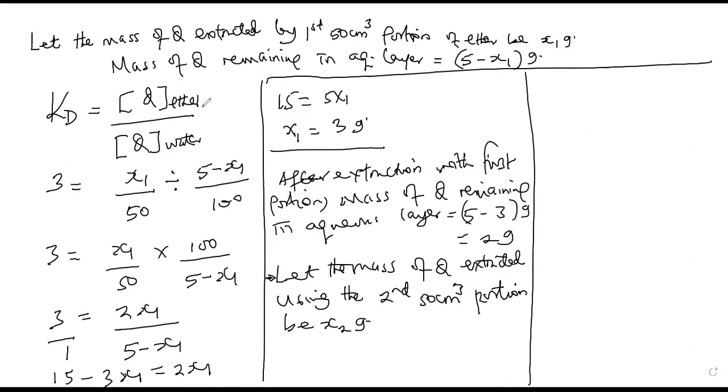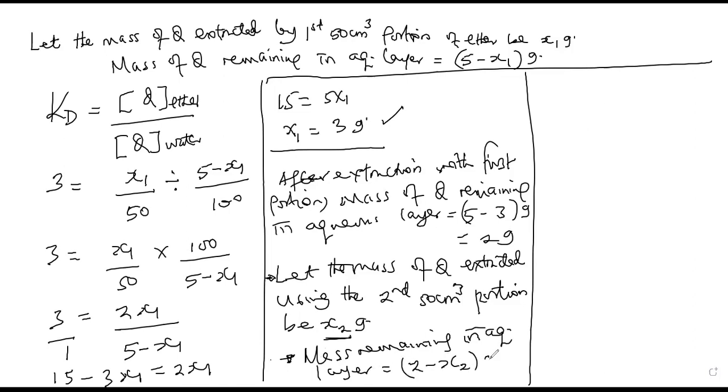Because we used the first 50 cubic centimeters, we got this. So when we use the second portion, the value of x2 is what we shall get. So if it is x2, what about the mass remaining? Mass remaining in the aqueous layer will be equal to 2 minus x2 grams.